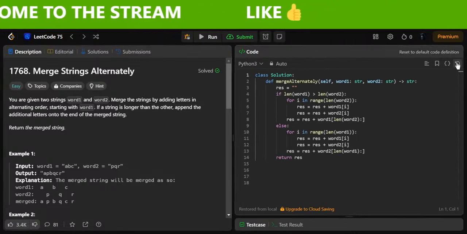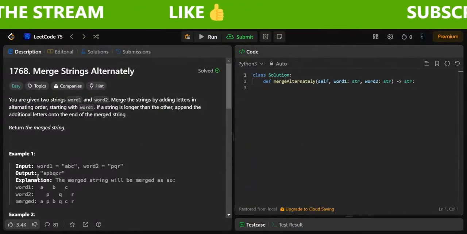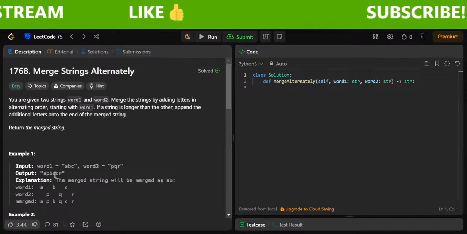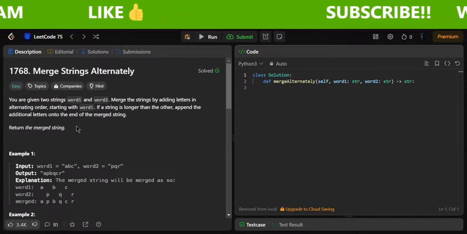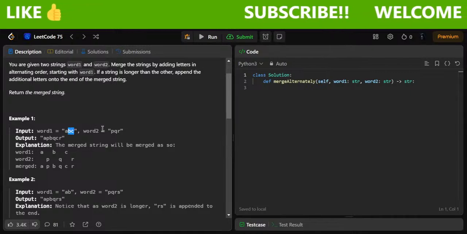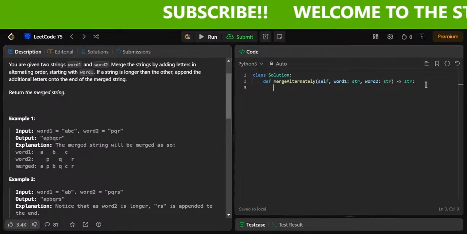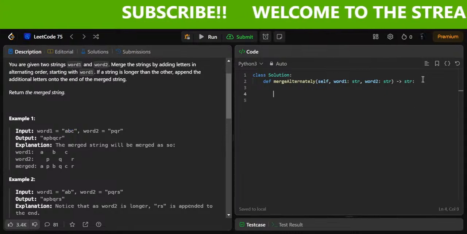Let me redo this. So basically in this they're saying to merge the strings alternately. We have been given two words, ABC and PQR, and we have to put them together alternately.